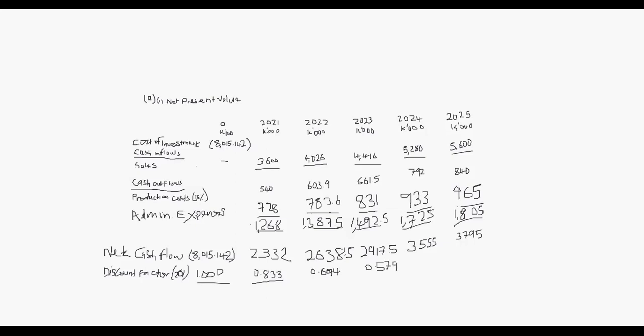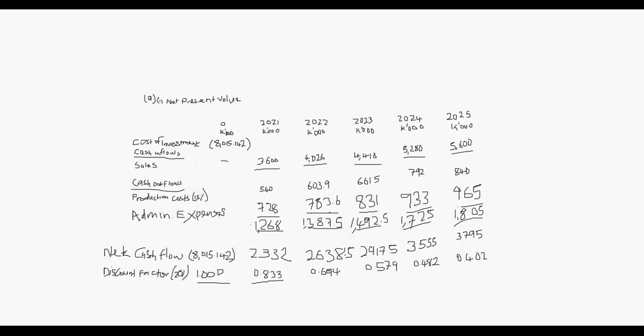Next will be 0.482, followed by the last one, year 5, 0.402. So these are discounting factors.